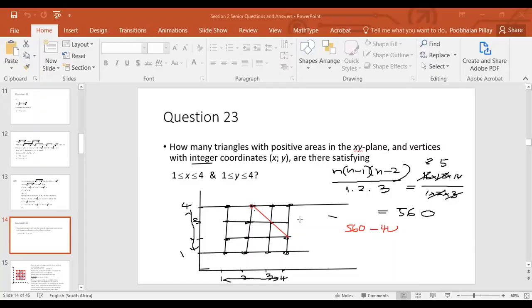So you must take that one out as well. There's one there. And another one here. There's another one here. And another one here. So there are 4 more cases where you've got 3 points lying in a straight line. So you have to remove those 4 as well.